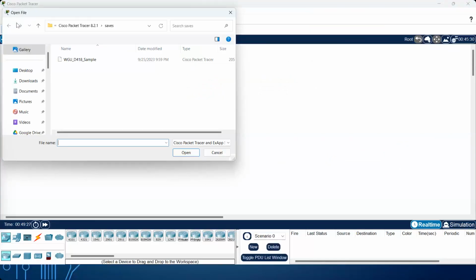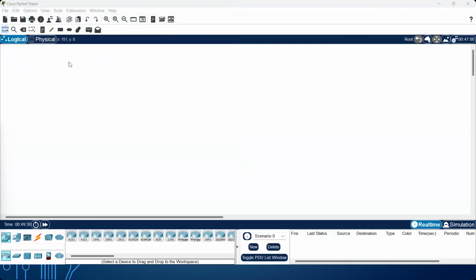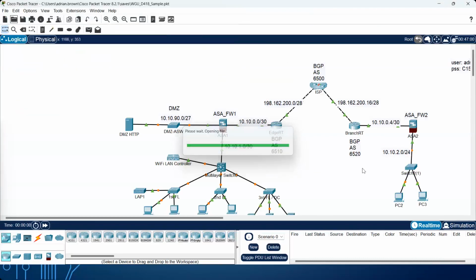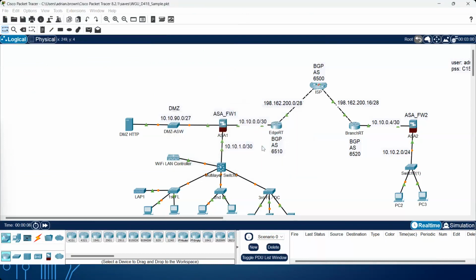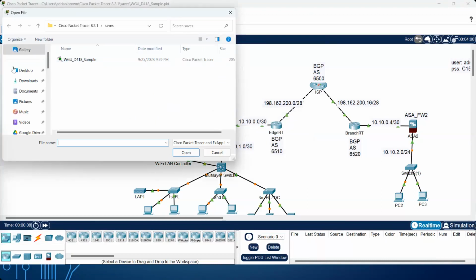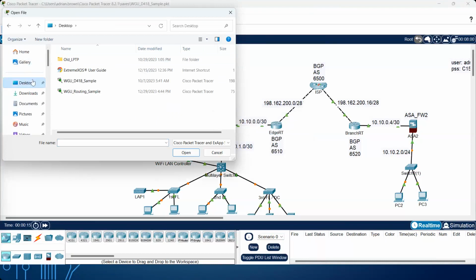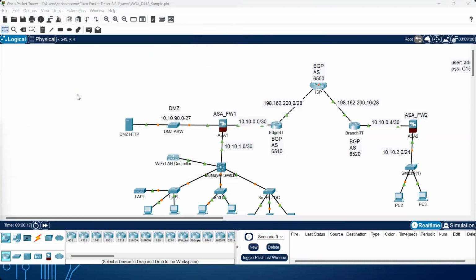Let me see if I can open up. This is an example I created for the capstone class, but I thought I had another one here. It's going to bug me. Oh, there it is. I knew I had one.